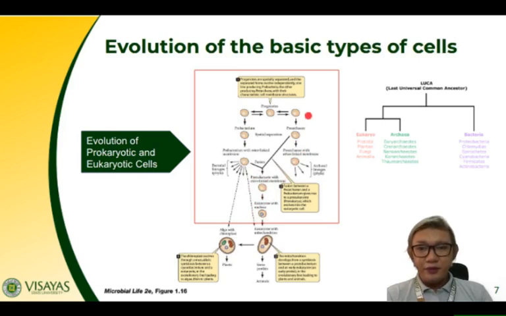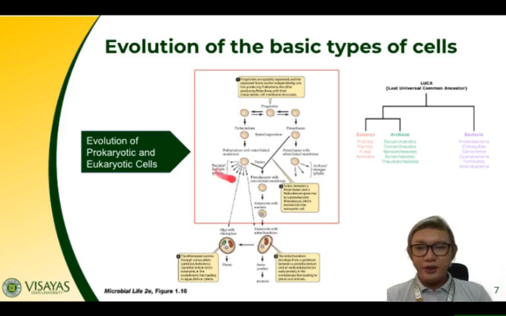Now, some of those pre-archaean that did not fuse with a pre-bacterium evolved later on and became the true archaeal cells, while the other pre-bacterium, which did not fuse with the pre-archaean, evolved and later became the true bacterial cells.